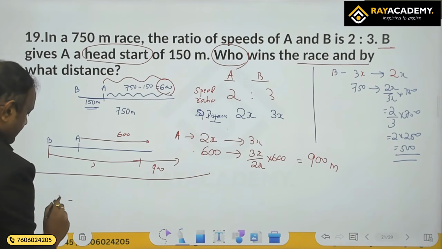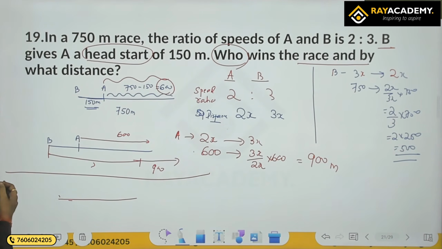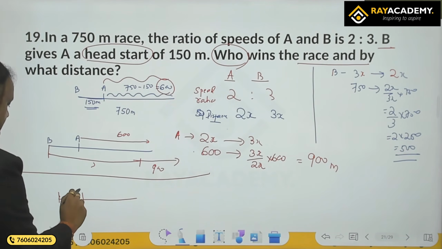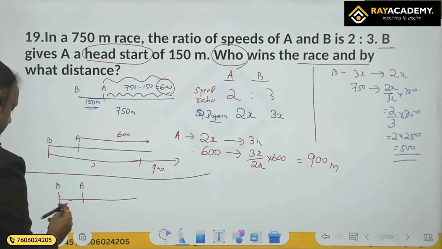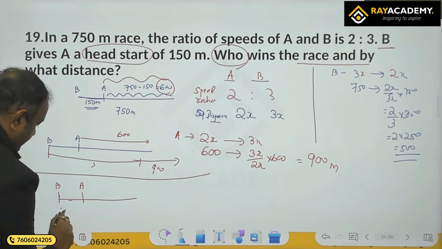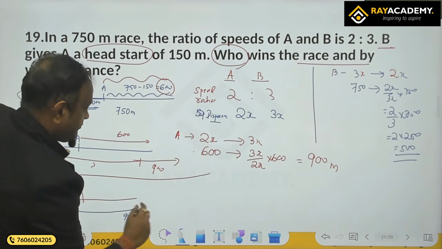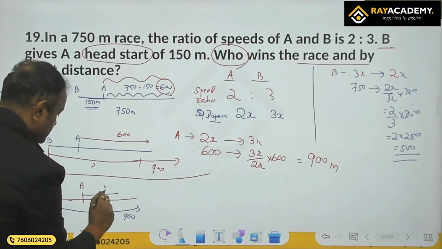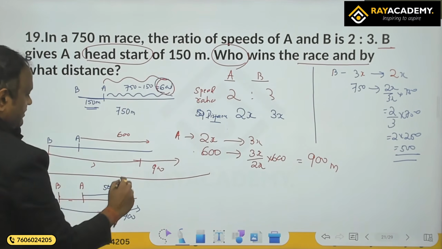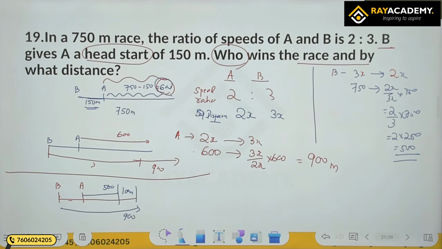So we first assume that b wins the race first. So a is here, b is here. When b goes 900, a goes 500. The total track was 600, so a will be 100 meter behind.